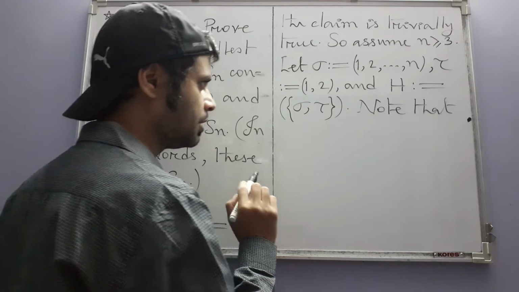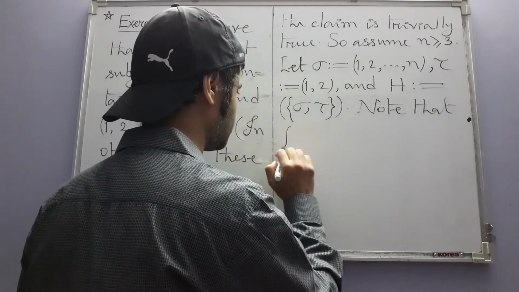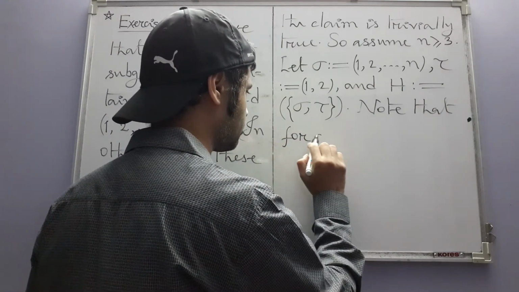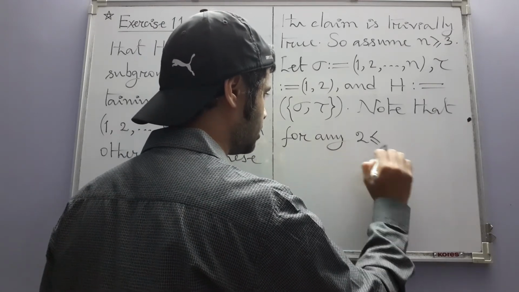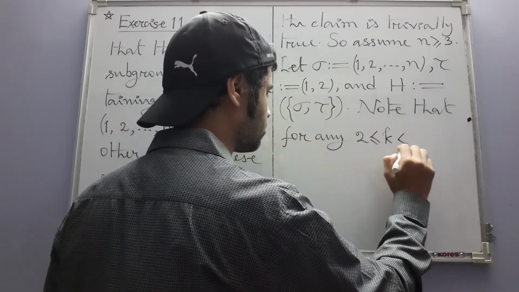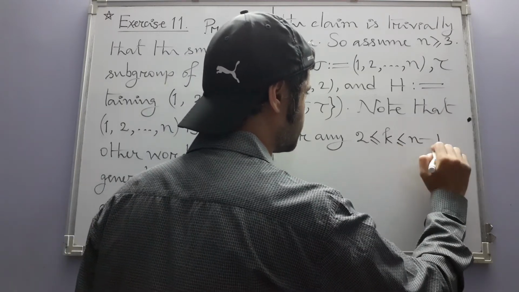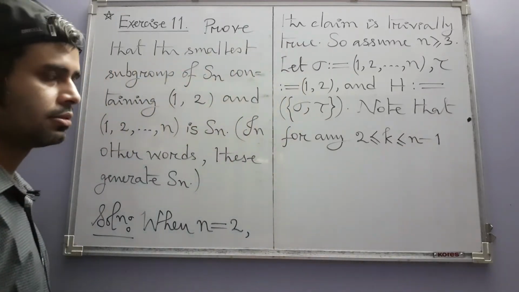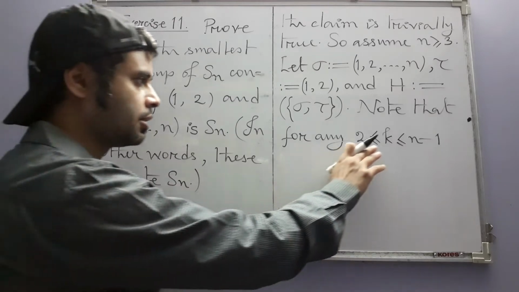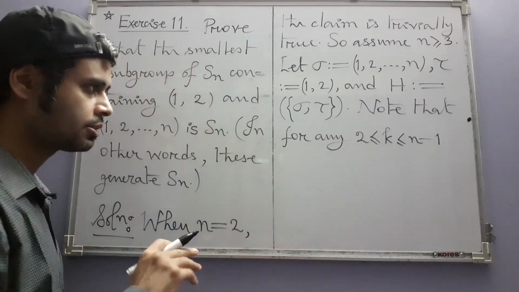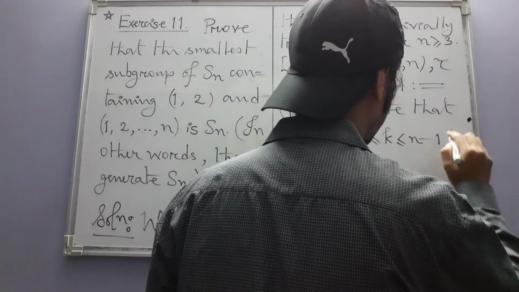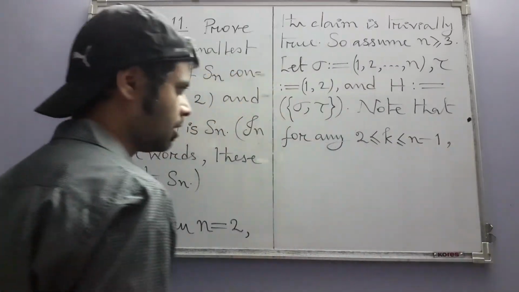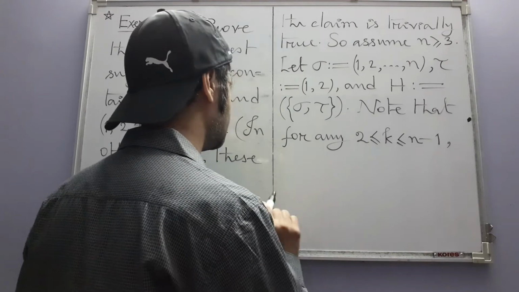The first thing we note is this. Note that for any integer k satisfying these inequalities, we are not of course mentioning for any integer k, but in this context you understand that k is an integer. For any k satisfying these inequalities, this equation is true.